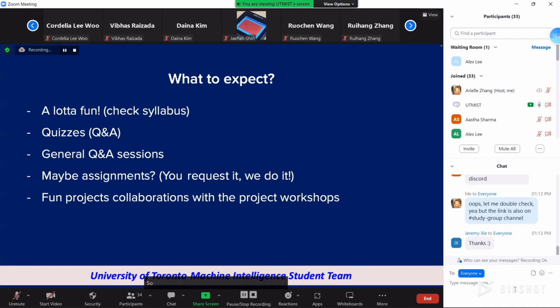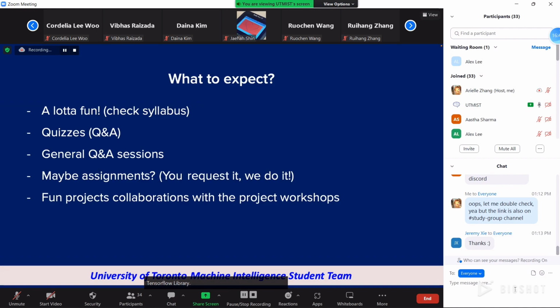The study group will combine with the project workshop, and as a whole we're going to go through the project. Of course, that will not be a free solution for you because this course is based on the Python TensorFlow library.